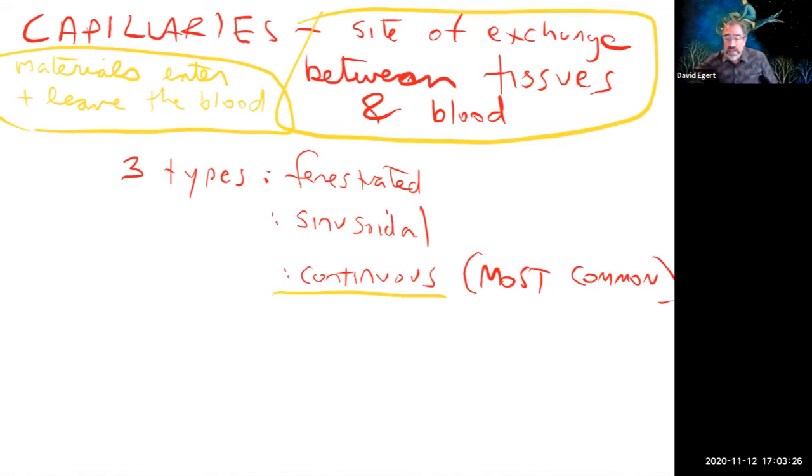The continuous capillaries are the most common, and those are the ones I'm going to talk about in detail. But I should mention these other two just for completeness here.